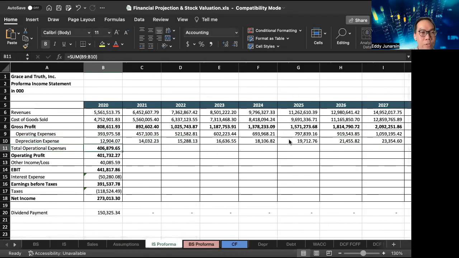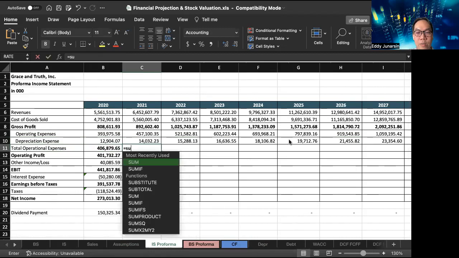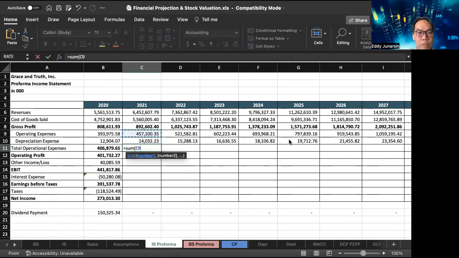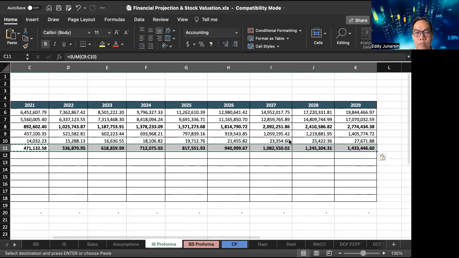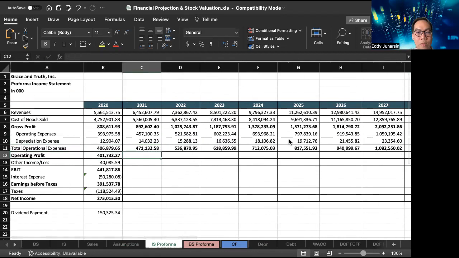Total operating expenses. This is the sum of these two. Operating profit. Operating profit is gross profit minus total operating expenses. We get the operating profit.